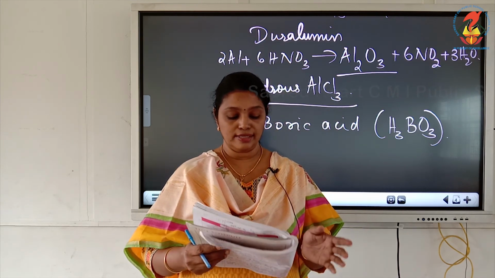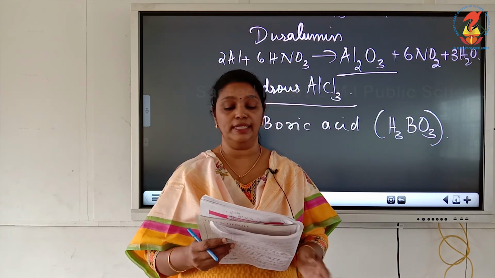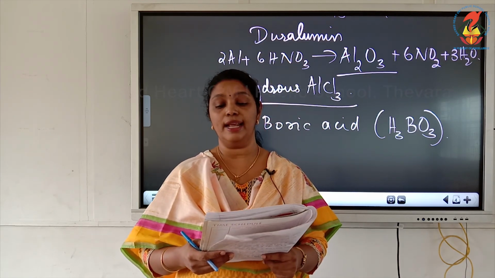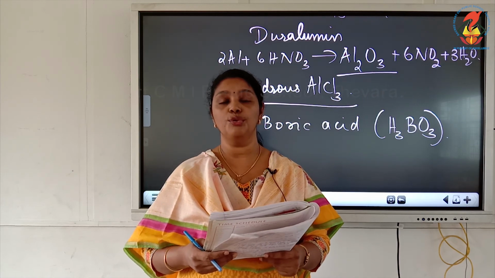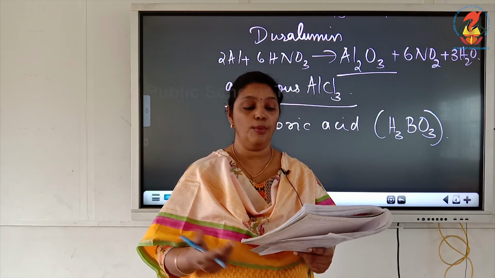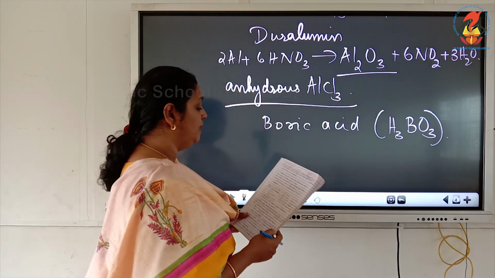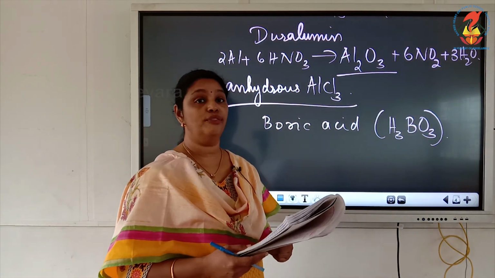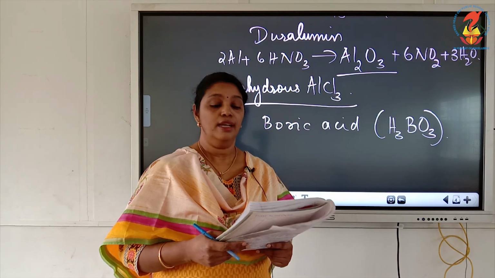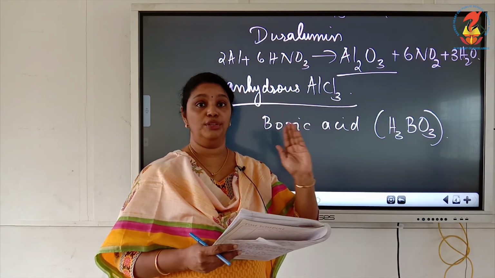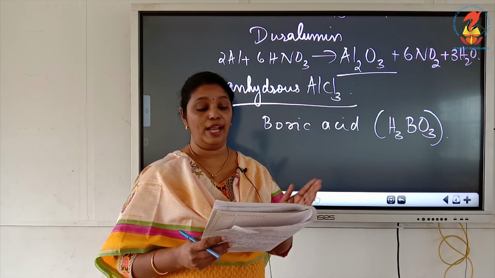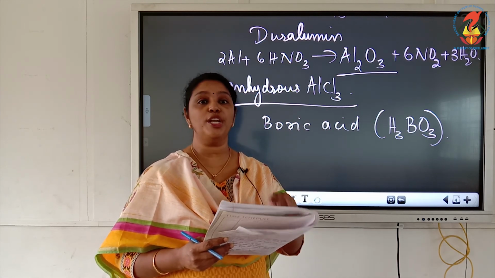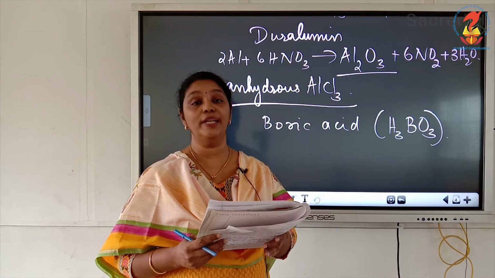Now, the last question from group 13: a mixture of dilute sodium hydroxide and aluminum pieces is used to open drains. Why? Because aluminum reacts with sodium hydroxide. We already wrote the equation of aluminum with sodium hydroxide, that is a reaction to show the amphoteric nature of aluminum. Aluminum reacts with sodium hydroxide to give hydrogen gas whose pressure can be used to open drains.